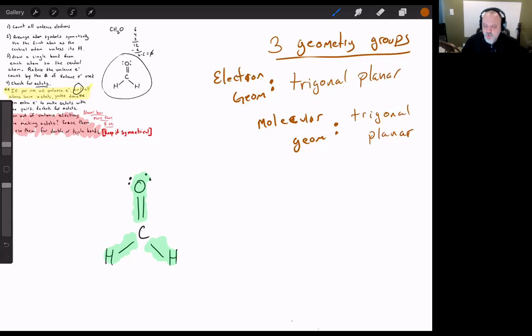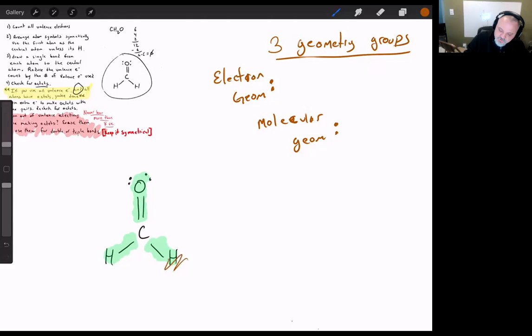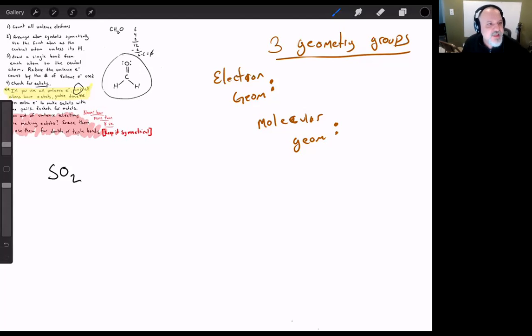Okay, I want to give you an example that's in the 3 electron geometry group region, but doesn't have the same molecular geometry. So in order to give you an example like that, we need a whole new molecule that we haven't done yet. So let's put all of these skills together.